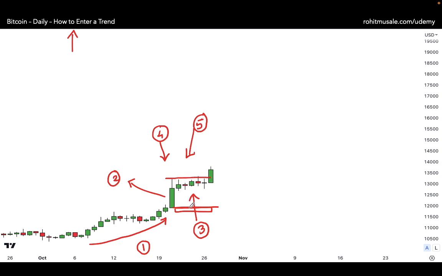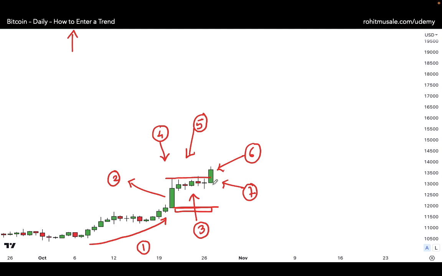That's very important. Number 6, the last candle should close above the close of the first candle.